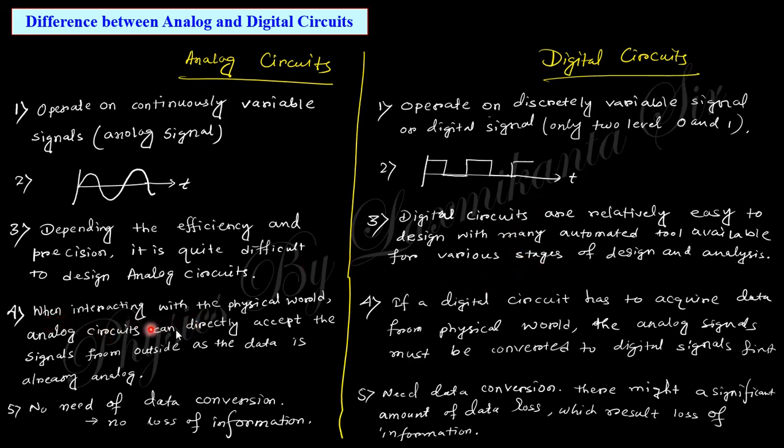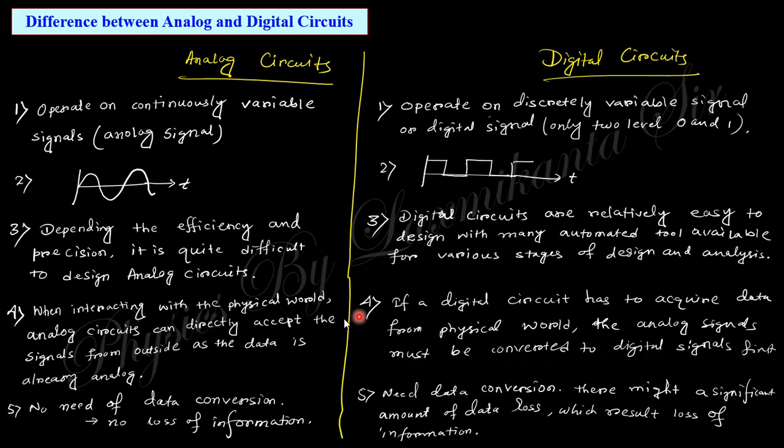Next, when interacting with the physical world, an analog circuit can directly accept the signal from the outside, since no conversion is required. Whereas in a digital circuit, the signal is converted into the 0-1 binary system, that's why we require a conversion.